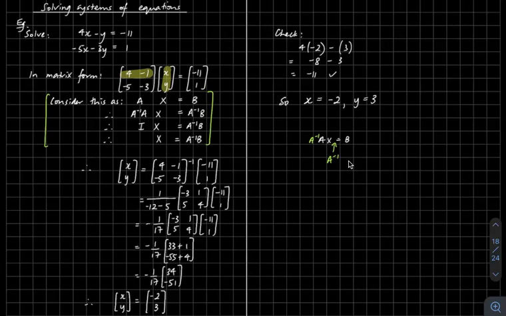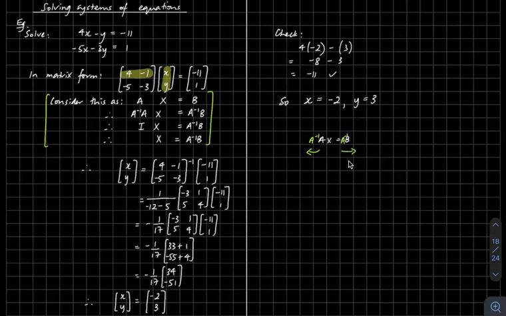So A inverse needs to go directly beside A, and because I pre-multiplied or left multiplied by A inverse on the left-hand side of the equation, I must do the same on the right-hand side. So I can't do it on the left on this side of the equation and then go and do it on the right on that side of the equation.